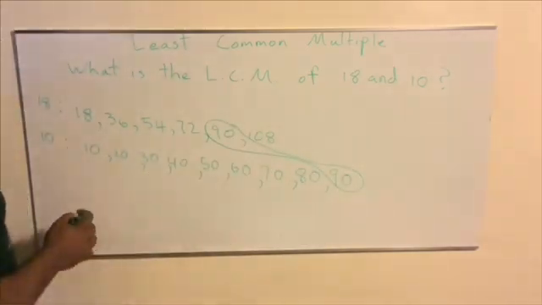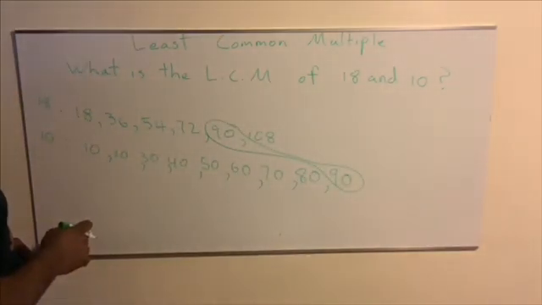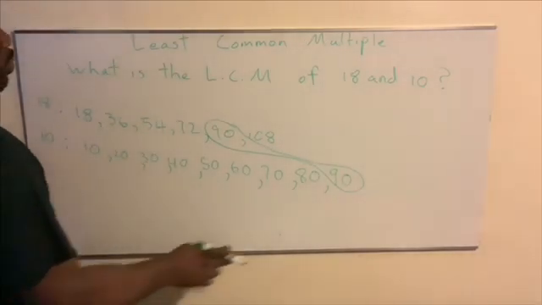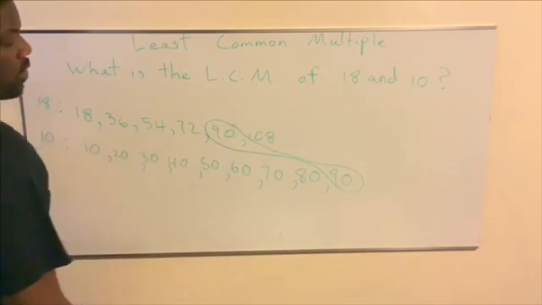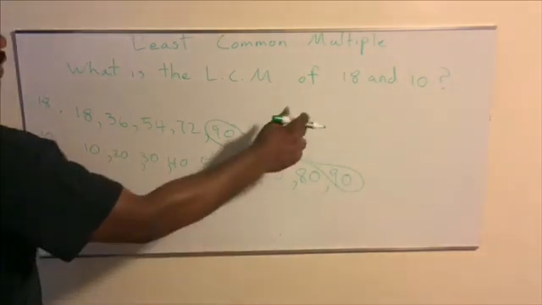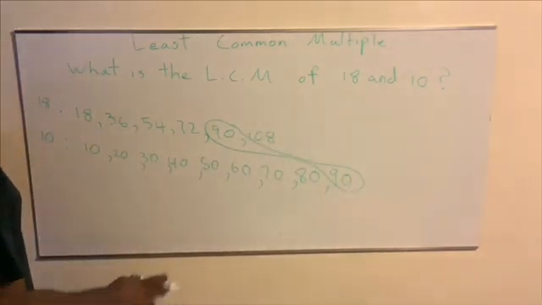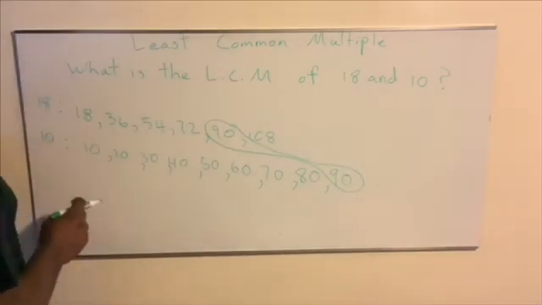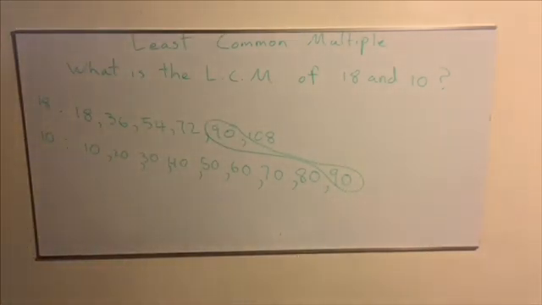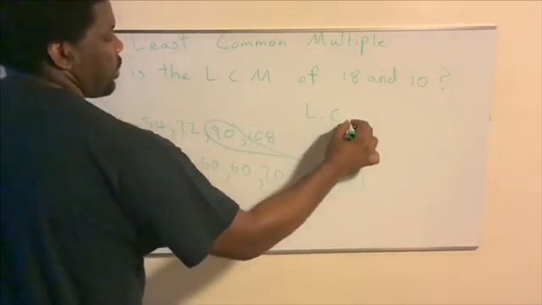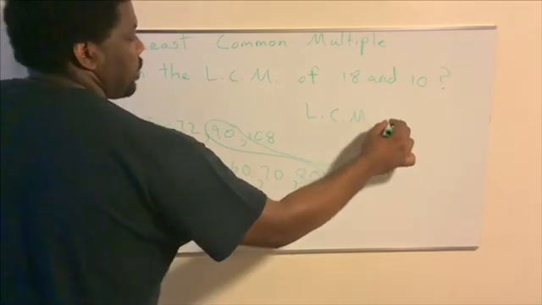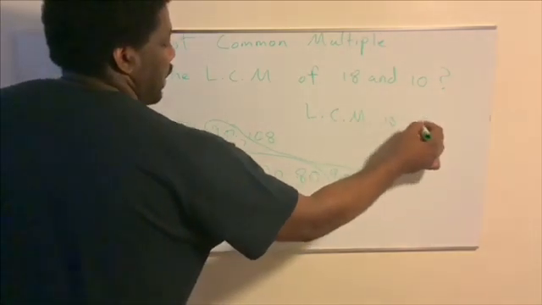If we continue going, there are going to be other common multiples which will happen to be multiples of the LCM. The next common multiple will be 180, then 270, and so on and so on. So the LCM is 90.